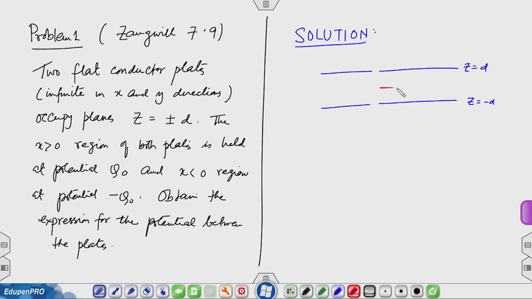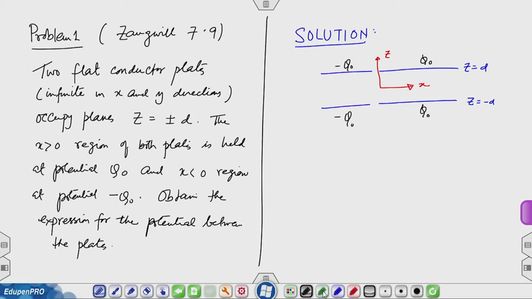The direction to the right is x, direction upwards is z, and perpendicular to this plane is y, and on the right side both the plates are at phi naught, and on the left side both the plates are at minus phi naught. We want to find the expression for the potential in the middle of the plates.